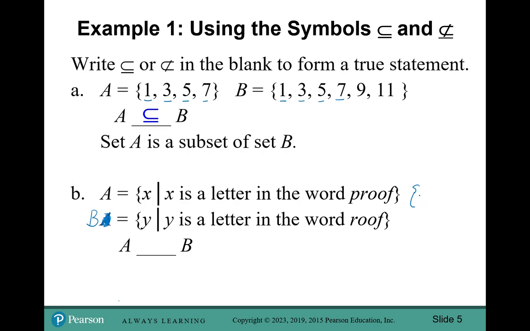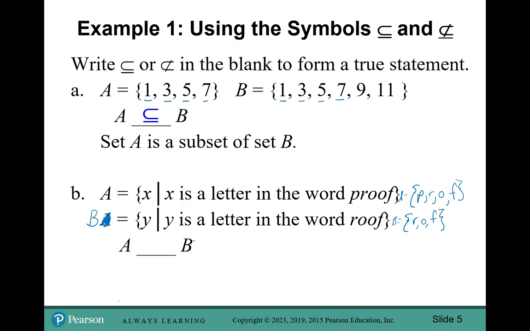So that would mean that A is the set P, R, O, and F. Remember, we do not have to, and we're not supposed to, repeat elements. So that's why I only have to write O once. If I rewrite this set, so this is our A set, this is our B set, written in roster notation, this is R, O, and F.